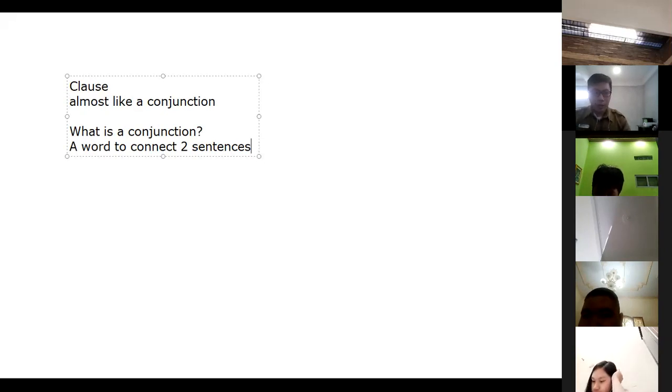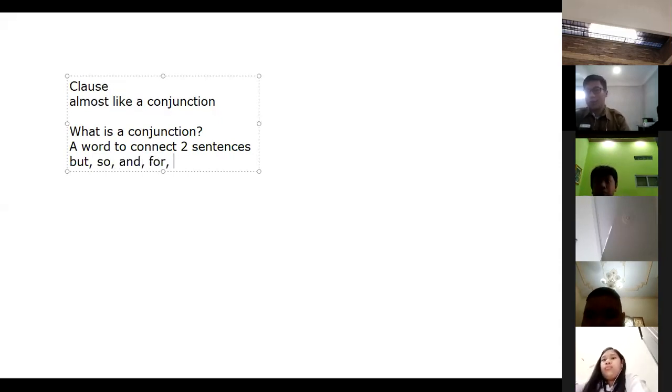So, for example, when you want to speak about something and you want to connect two sentences, you use these kinds of words. Usually we use words like but, so, and, for, etc. All of those are what we call conjunctions.